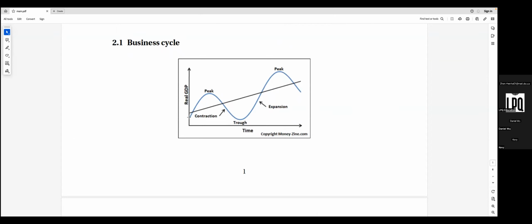And we use the vertical axis to represent the GDP growth rate. So you've got a straight line here, in black, an upward sloping line. This upward sloping line represents the long run.